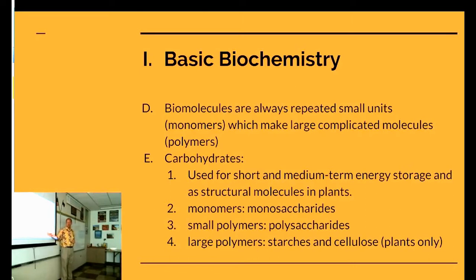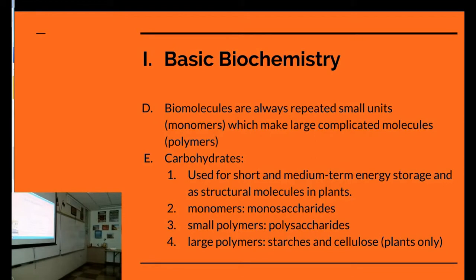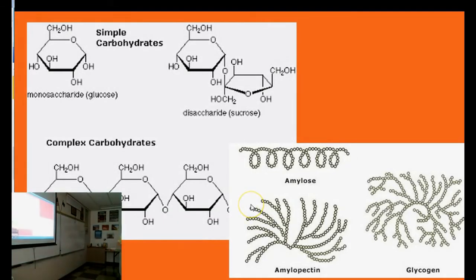Cellulose is the main structural molecule of plants. We would call it fiber in our diet when we eat it. Critters like goats and cows can actually digest and get nutrition from it, but we can't. Starches we can break down. Starches you find in like potatoes and those sorts of vegetables, where there's still a good pile of carbohydrates there, but it takes some more work to get out.